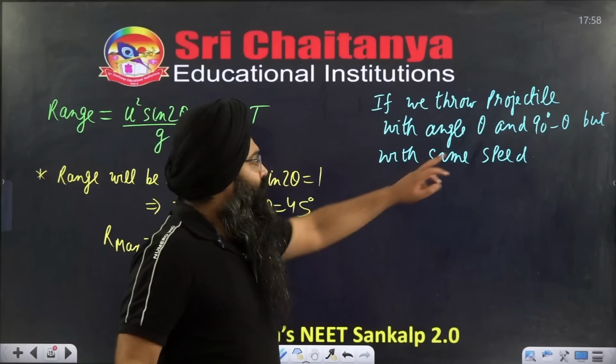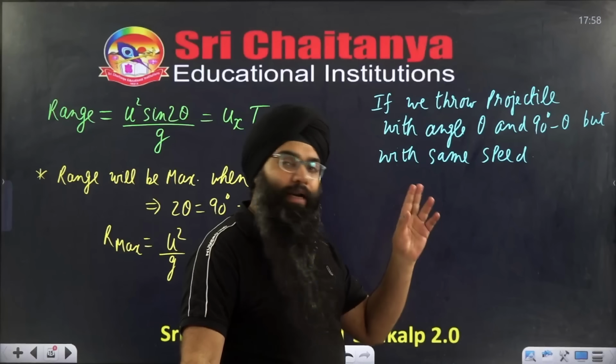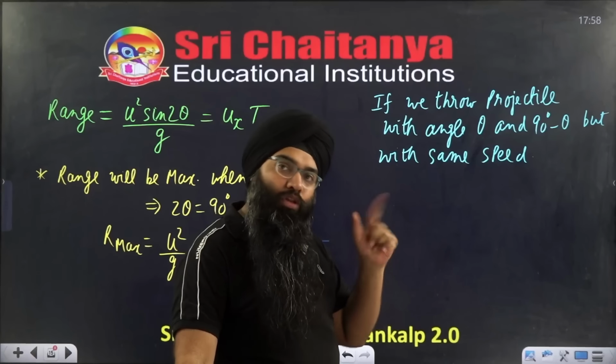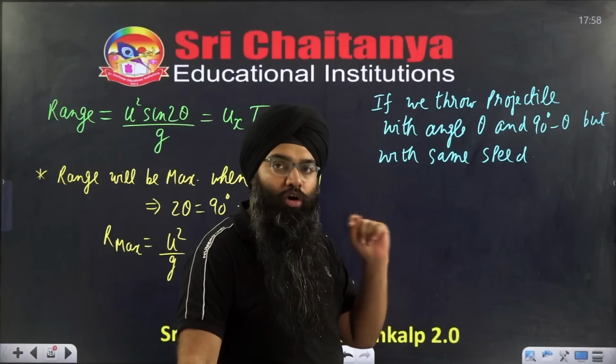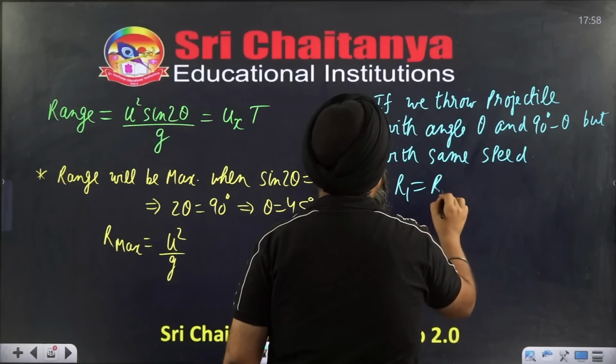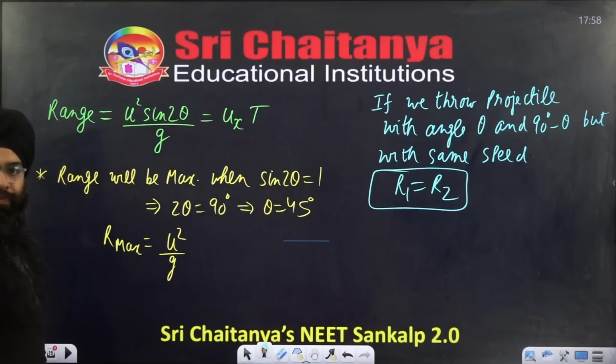That means the velocity u is the same, but in one case I have thrown the particle at an angle theta with the horizontal, and in the second case at an angle 90 minus theta with the horizontal. In both these cases, always remember the range will come out to be the same. R1 will always be equal to R2. Okay, I hope these points are clear to you.